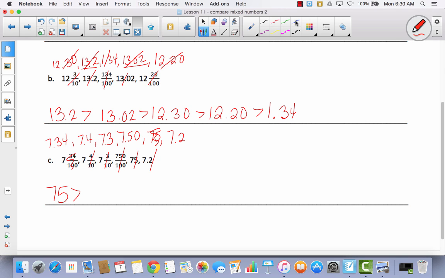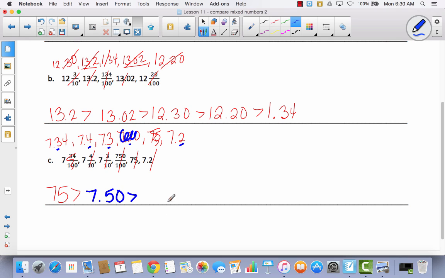So I've got to look at the tens place. So this is a 3, a 4, a 3, a 5, and a 2. So which one would be the greatest? Well, 5 tenths, right? So 7 and 5 tenths, or 7 and 50 hundredths, would be the next largest. I'm going to mark that out. So now I've got 3, 4, 3, and 2.